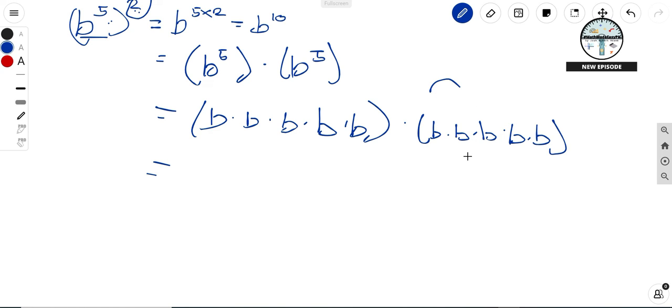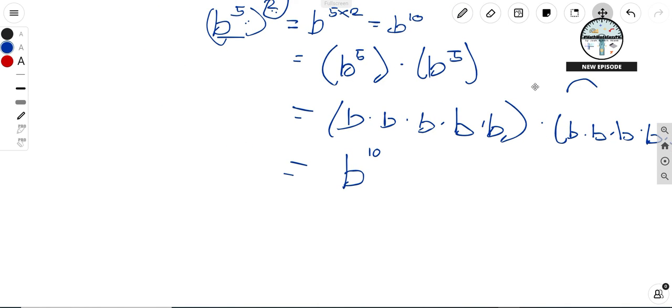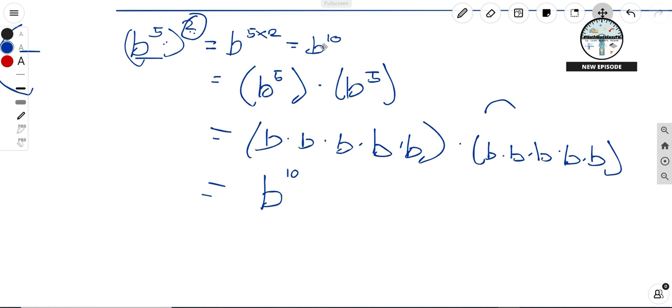We have 10 b's, so it is equal to b raised to 10. That's the reason why we multiply the exponents.